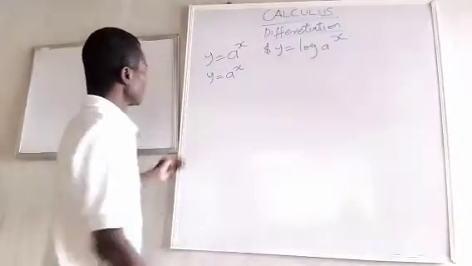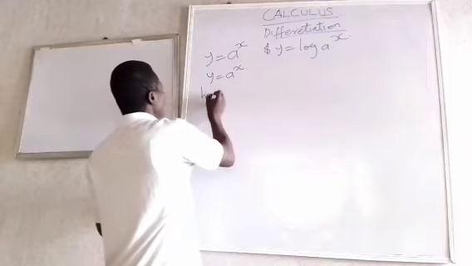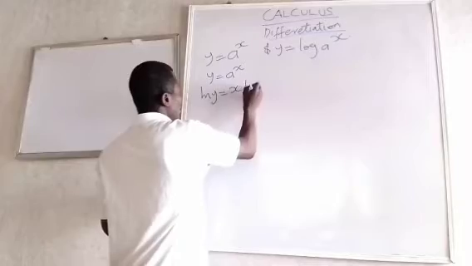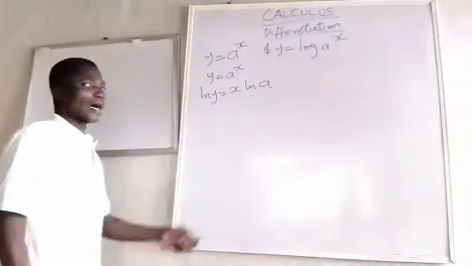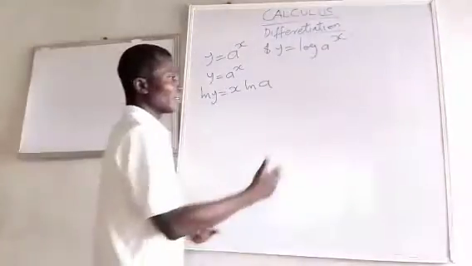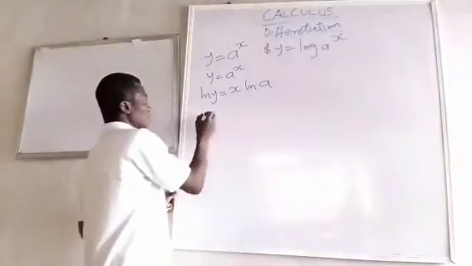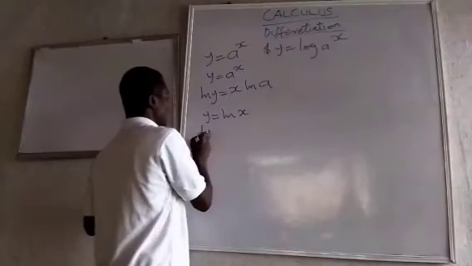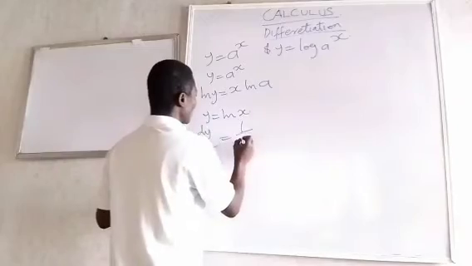I can now say that ln y is equal to x ln a. You can see x ln a. And we have known that for ln x, dy/dx is equal to 1 over x.